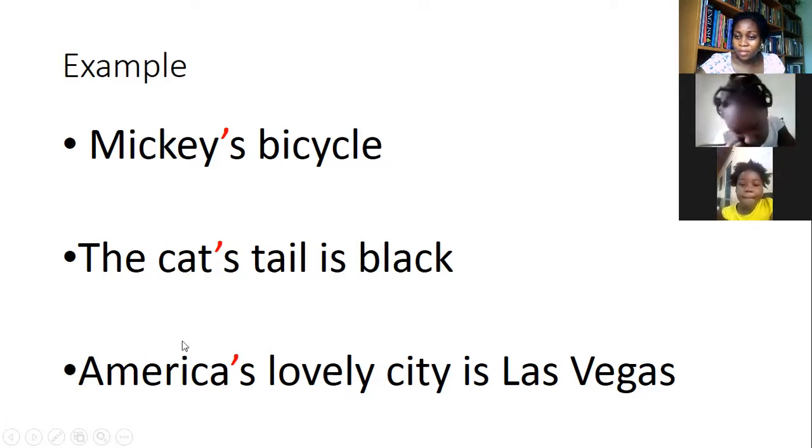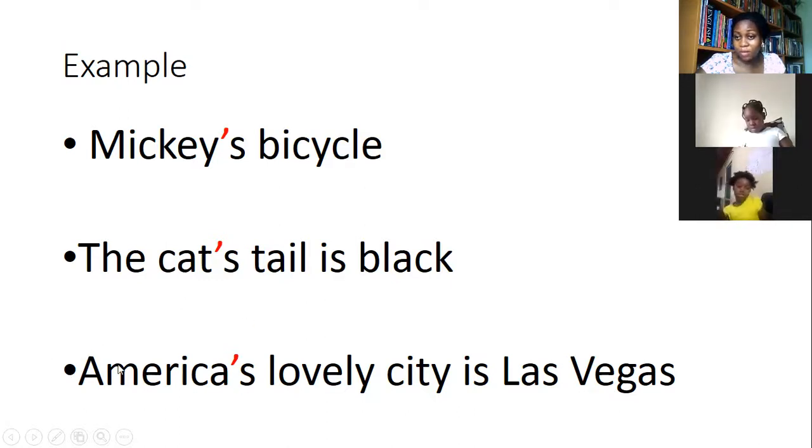I won't even say living things because animals are living things. But those are used for human beings when names are mentioned. But America is not a human being, it's a place. So you always use what? It's for places and things.